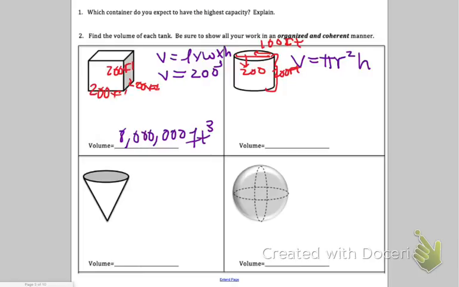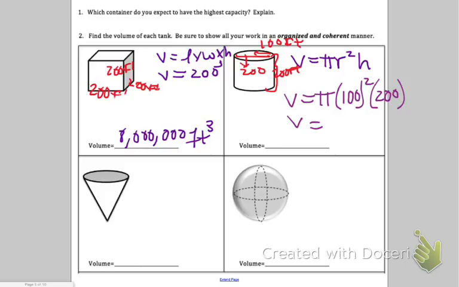I'm doing my best to label this for you, and you better be labeling it on your papers as well. So I'm going to substitute 100 for our radius, and the height of our cylinder is 200. Now we're going to substitute pi times 100 squared times 200 into our calculator. If you can't find the squared button on your calculator, you can put 100 times 100 first and then multiply it by pi and then multiply by 200.